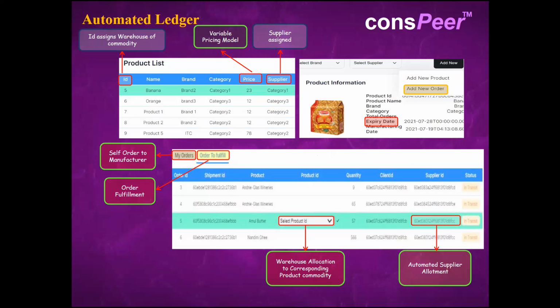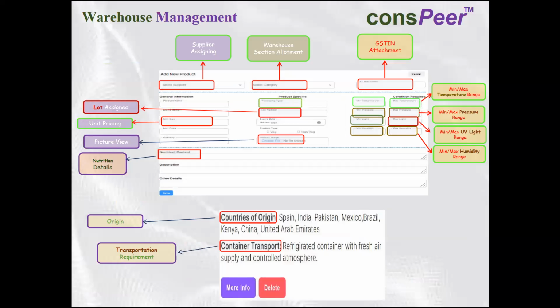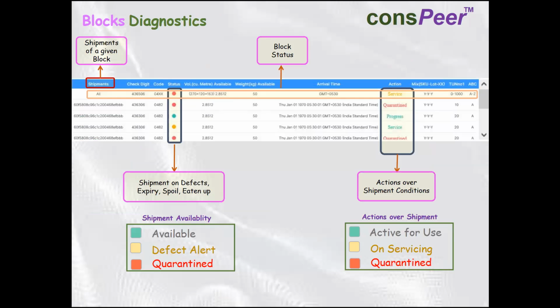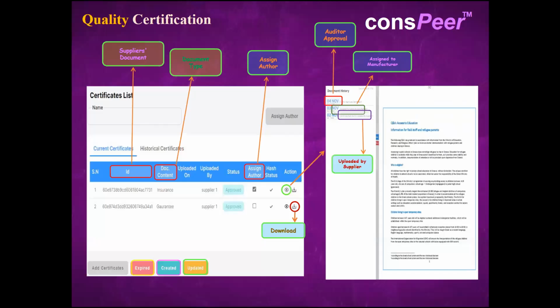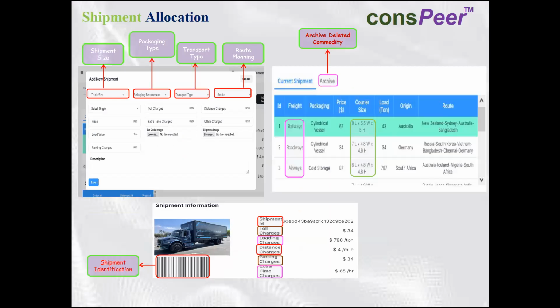Then warehouse allocation, automated supplier allotment, self order to manufacturer, warehouse section allotment, GST and attachment, and the min and max temperature range needed to verify breaching. Then initial filling of the drop down menu, certificate listing, and then allocation.